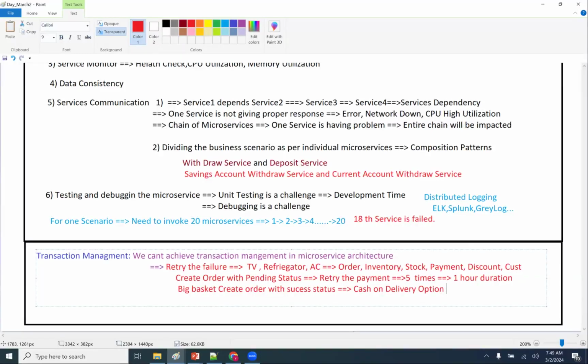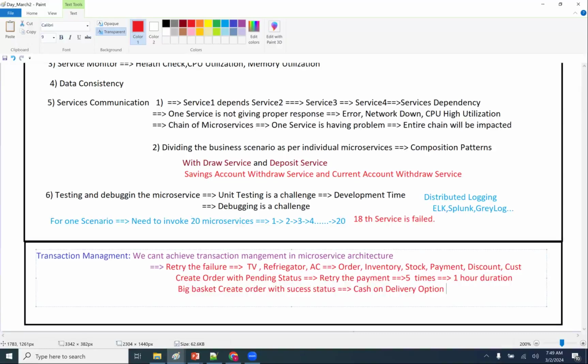They will change the option to cash on delivery, and they will send an email to the customer. Sir, your payment has failed. We are taking your order, sir. Order success. But the mode of order is cash on delivery.